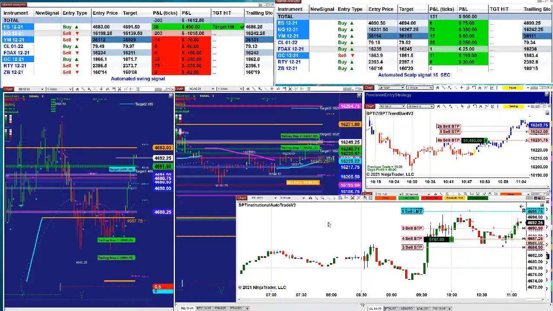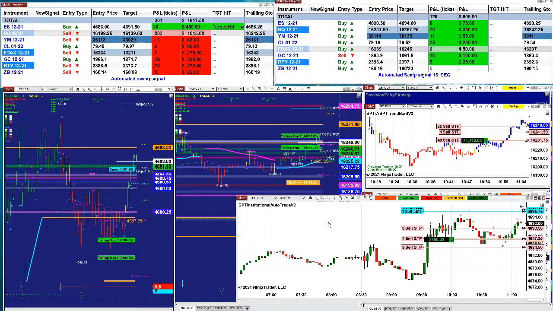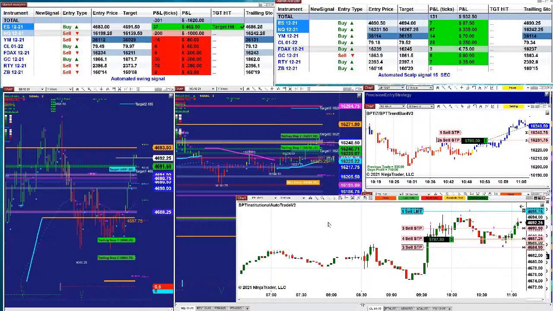It's going to close the trade on the Nasdaq. It's going to close it. There we go. It closed 2 trades, and then it's now going back and forth with the 1 trailing stop.